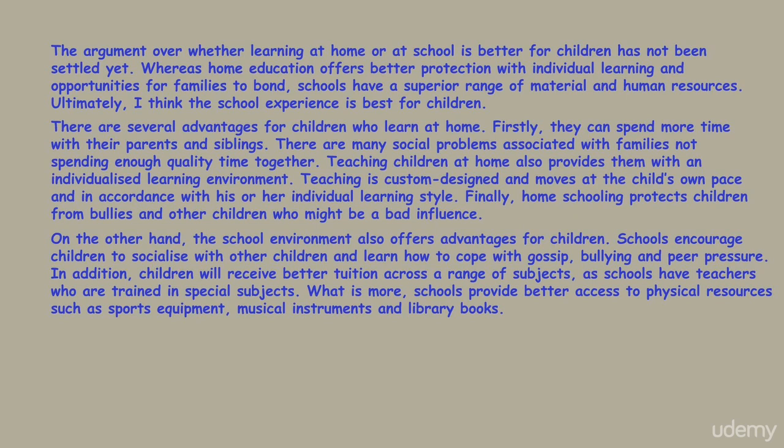Schools encourage children to socialise with other children and learn how to cope with gossip, bullying and peer pressure. In addition, children will receive better tuition across a range of subjects, as schools have teachers who are trained in special subjects. What is more, schools provide better access to physical resources such as sports equipment, musical instruments and library books.